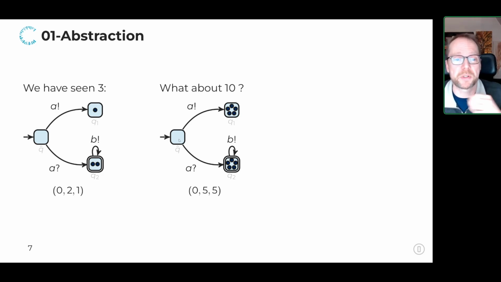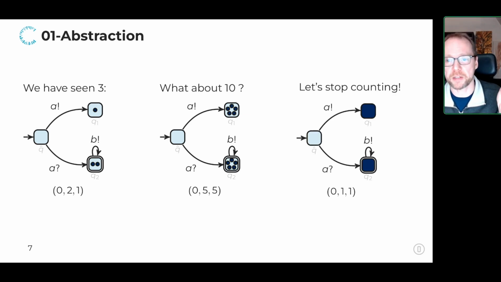So what happens if we have 10 processes? We might, after a couple of steps, end up in this configuration. And the size of these configurations is a priori not bounded, so it might be very expensive to reason about these systems. Now, the idea of 0-1 abstraction is that we don't want to count how many processes are in which state.